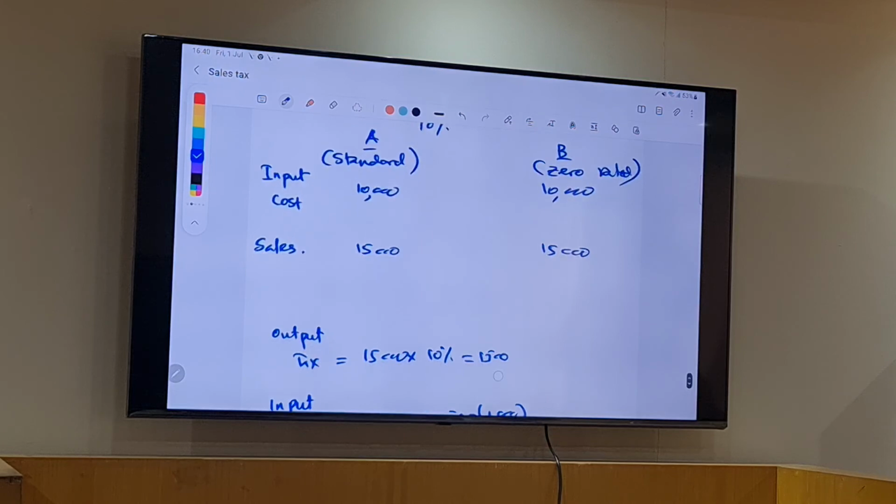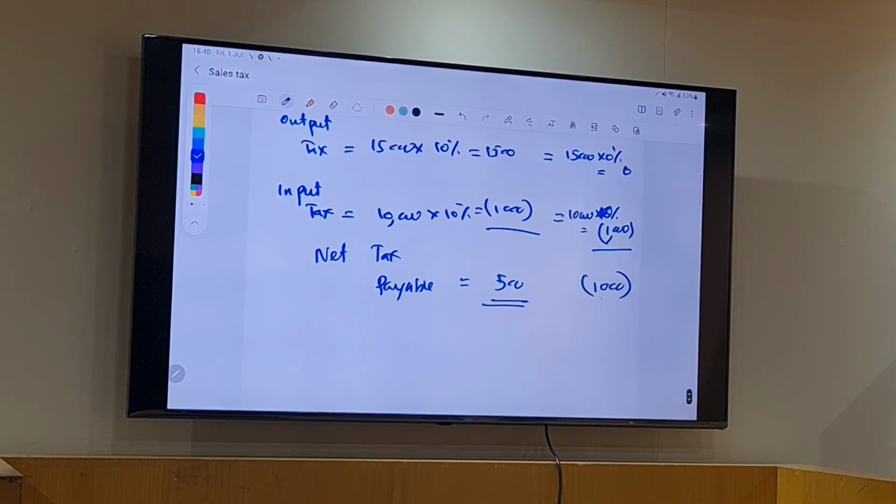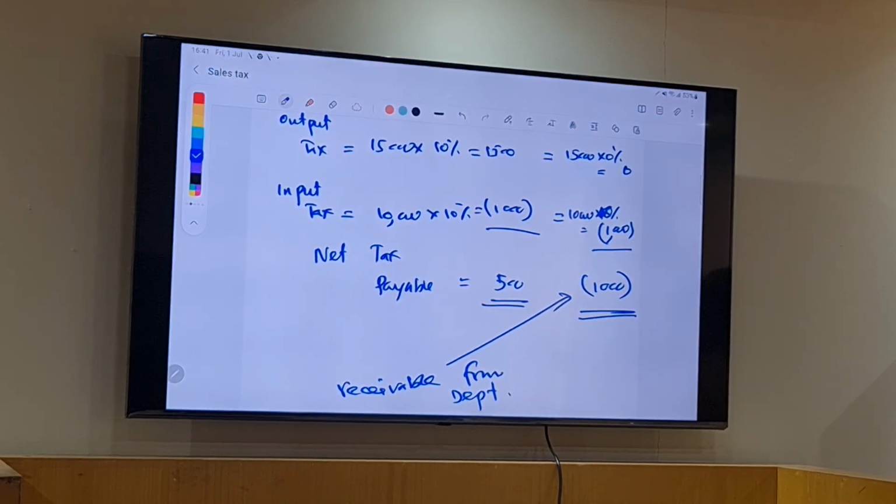Now when you go to B, his output tax is 15,000 into 0%. How much is that? 0. Whereas his input tax is 10,000 into 10%, which is 1,000. So we have a minus 1,000, meaning receivable from the department. He should receive this money from the department.